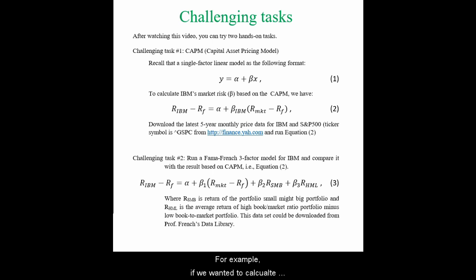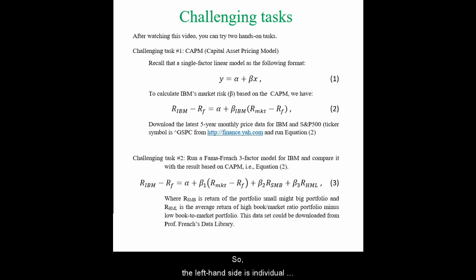For example, if we want to calculate IBM's market risk, then we have the following single-factor linear model. On the left-hand side is the excess return, y. On the right-hand side is market minus risk-free rate, which is called the market risk premium.